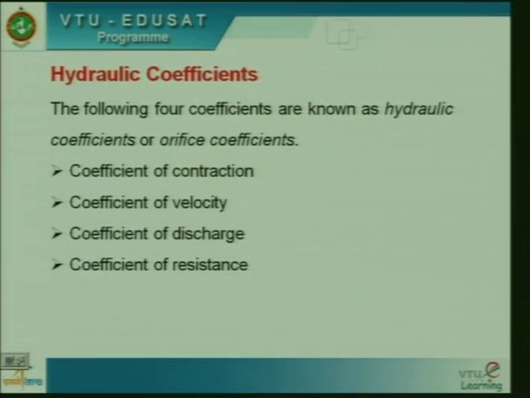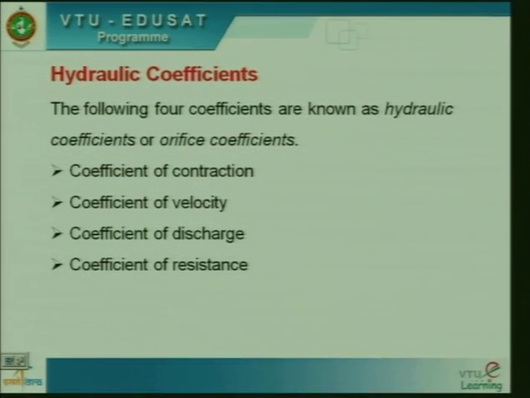I said this coefficient of discharge is always less than or equal to 1. In other words, actual discharge is equal to coefficient of discharge times theoretical discharge. That is the first case, which we defined when I was talking about the Venturi meter. The second one is the coefficient of contraction. How did we define it?